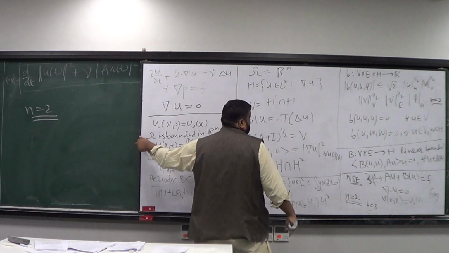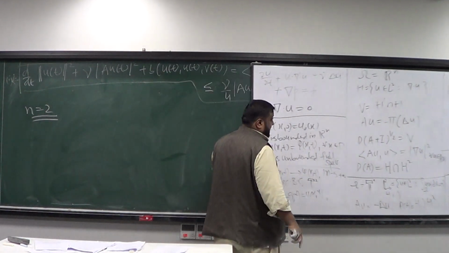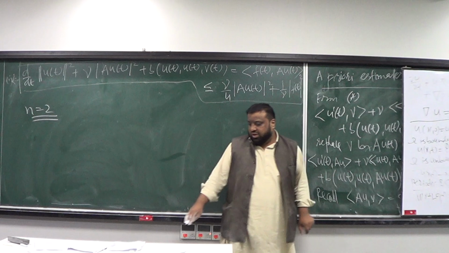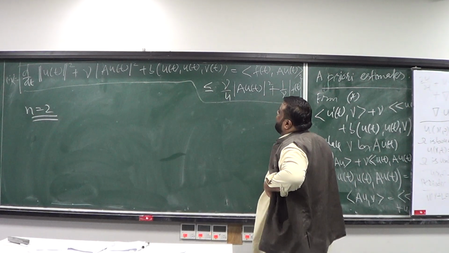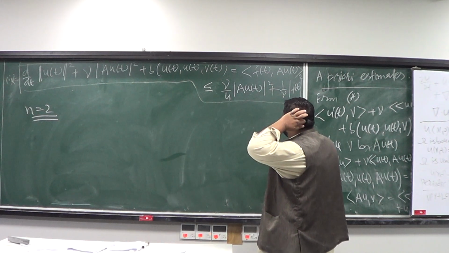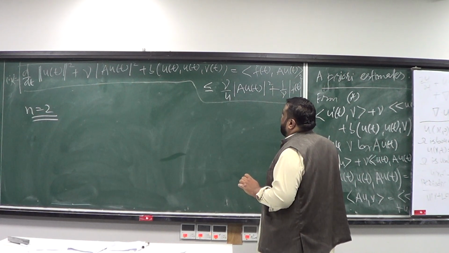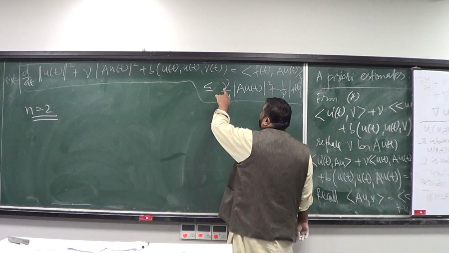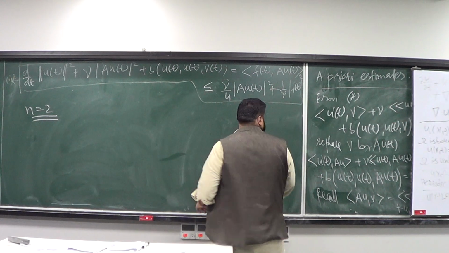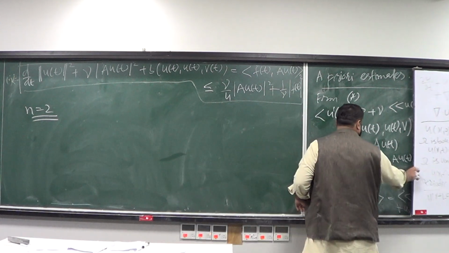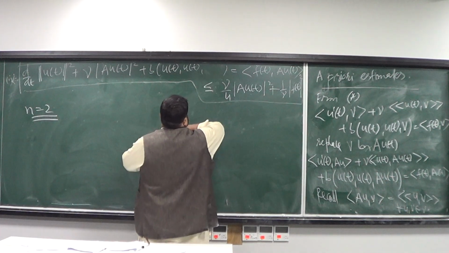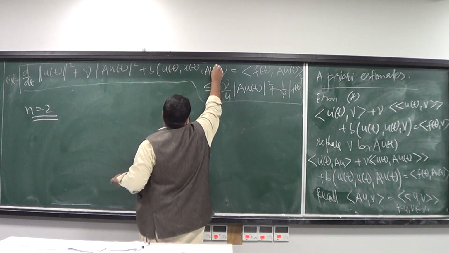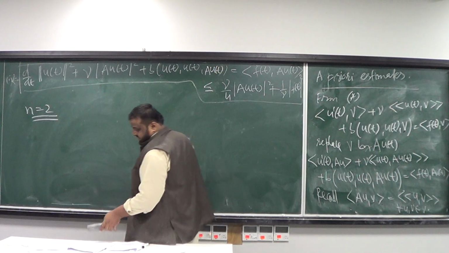Since I am in dimension 2, I can use this inequality for u, by replacing v and w by u and v of t, not v of t, I think it is Au(t). So this is Au(t).